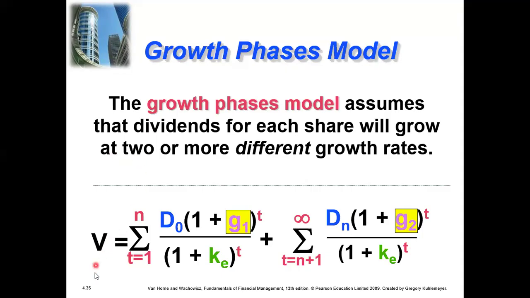So here this is V. V is the value. In some books it is also called price. For problem solving, you can call it the price of a share or the value of a share. D is dividend, G is growth.